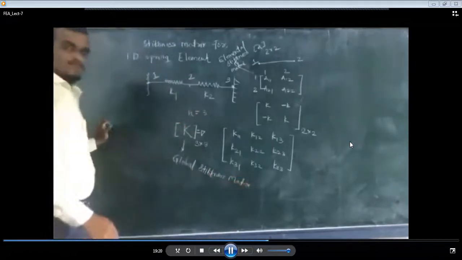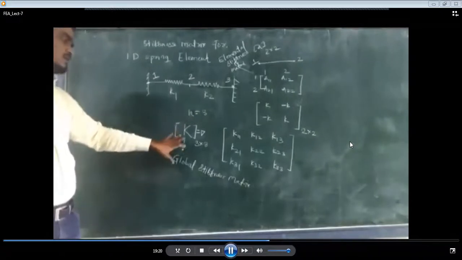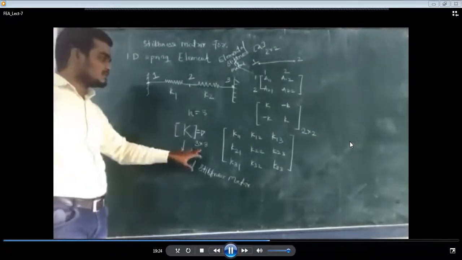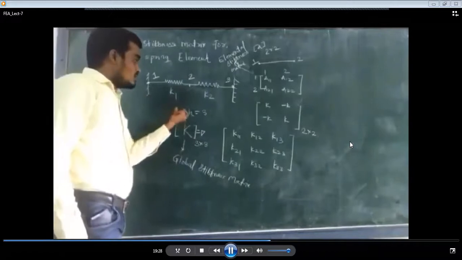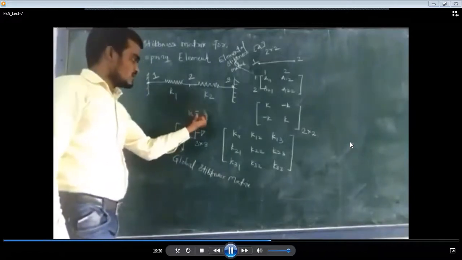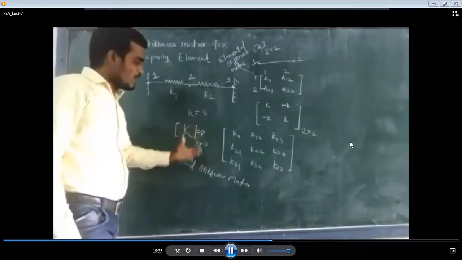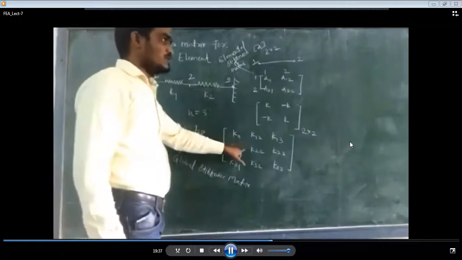Meaning if the number of nodes is 3, then the order will become 3 by 3. As the number of nodes n is equal to 3, the order will become 3 by 3, and this is your global stiffness matrix.